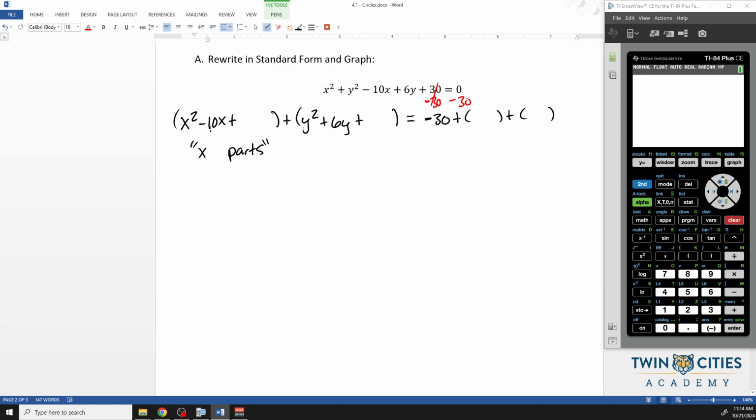Now b is negative 10, but when I complete the square, I want to think of it as a positive number. So b over 2 squared would be a positive 10 over 2 squared. This is 5 squared. So I'm going to take this 5 squared and add it here, but I'm also going to add it here.